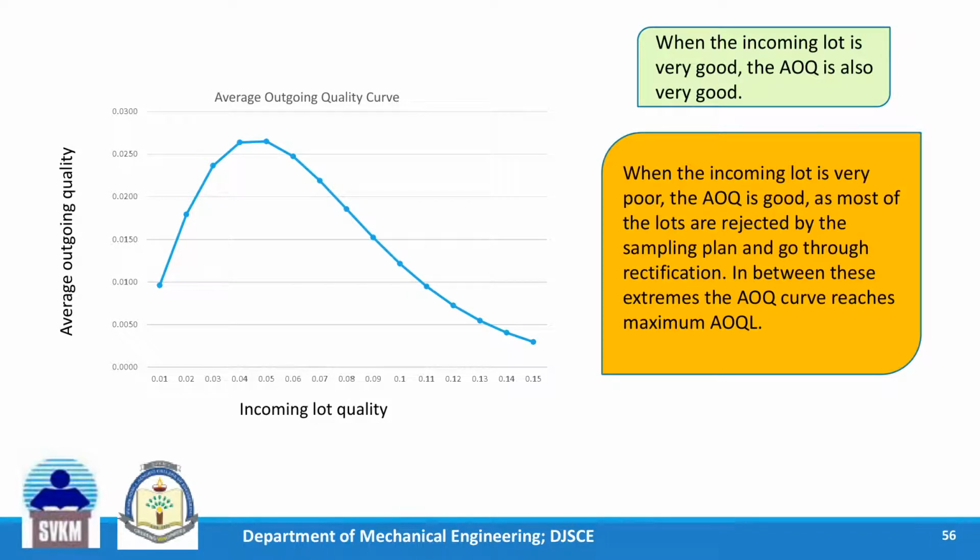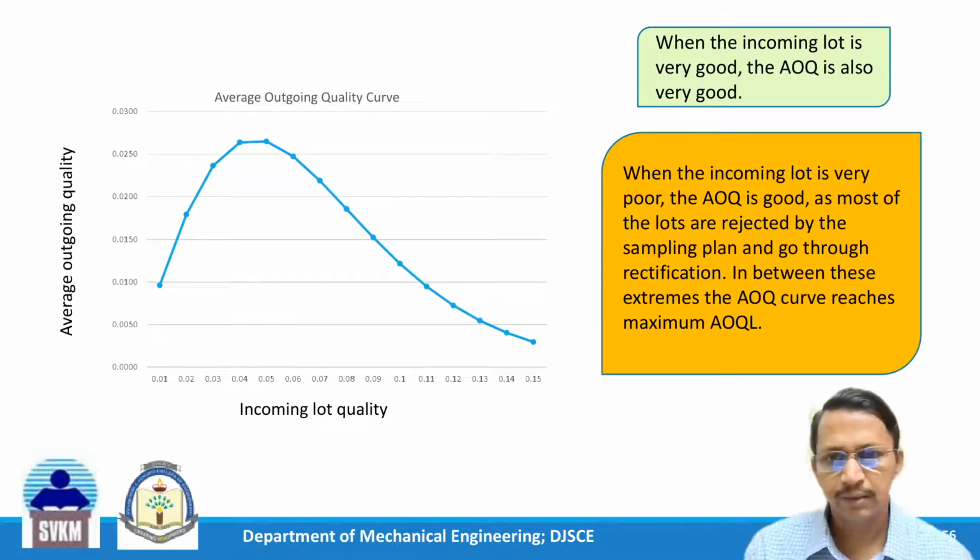This is called the average outgoing quality curve. This is an indication of the quality of the components going outside of the industry after sampling rectification has been done.